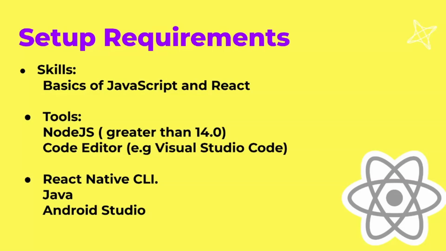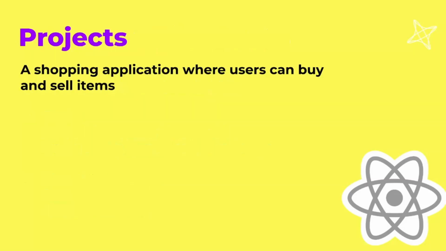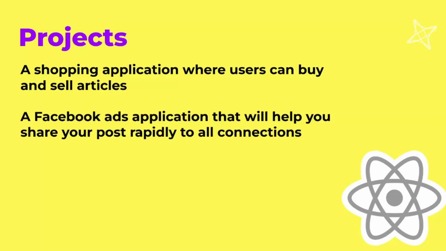At the end of this course, you're going to complete projects such as a shopping application that helps users to buy and sell items. We're also going to build a Facebook ad application that will help you to rapidly share posts to all your connections or groups of friends on Facebook using the Facebook SDK.